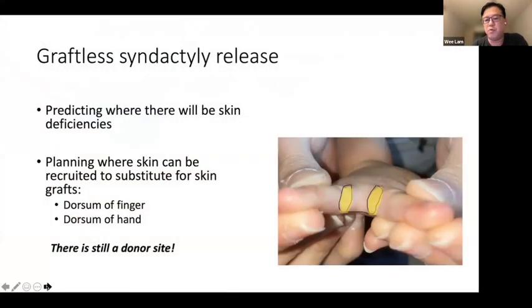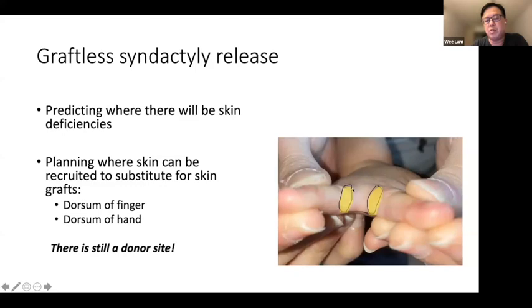There are many different ways of designing a graftless technique. This is a technical talk, so I'll focus more on the techniques. So again, just to say that to cover the areas, we need to know where the deficiencies will be. As I mentioned, these are typically at the base of both digits. And so to recruit the skin to cover this, we typically take it from the dorsum of the finger or dorsum of the hand.